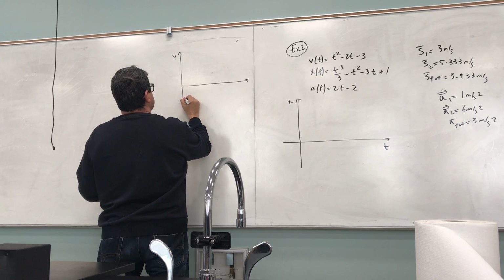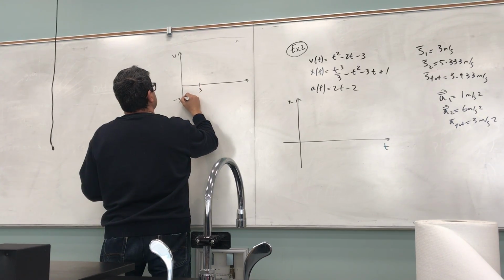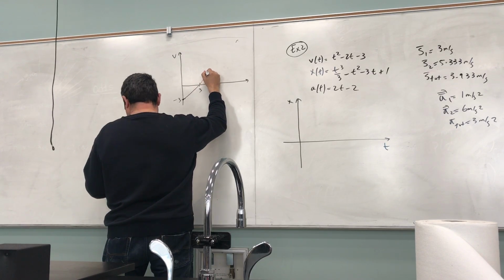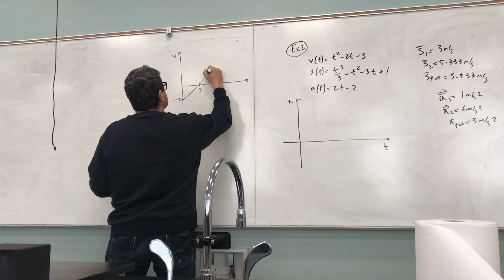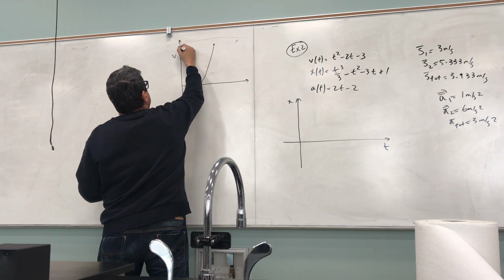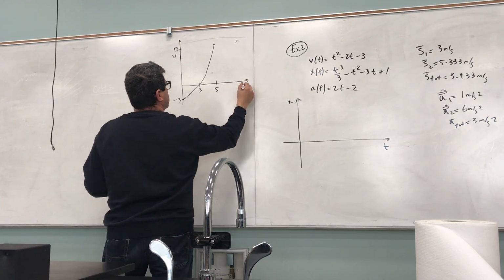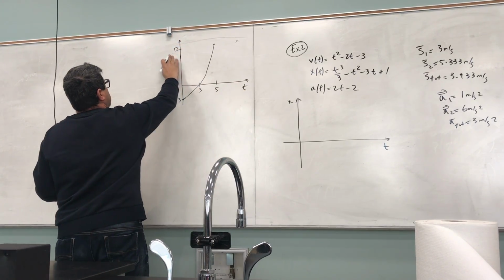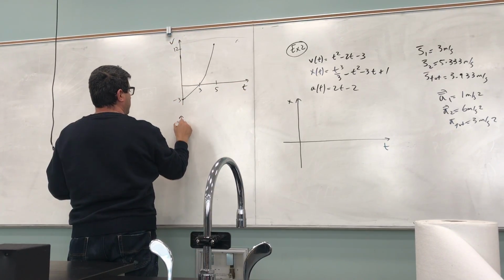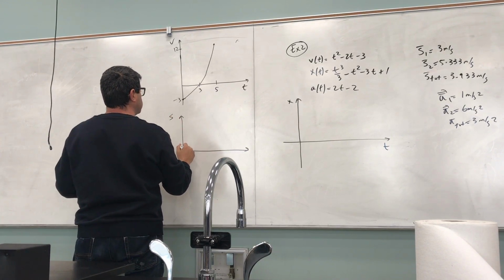The velocity was the first one we graphed, I think. This is time, and this is the velocity here, and then the speed was the absolute value of that.